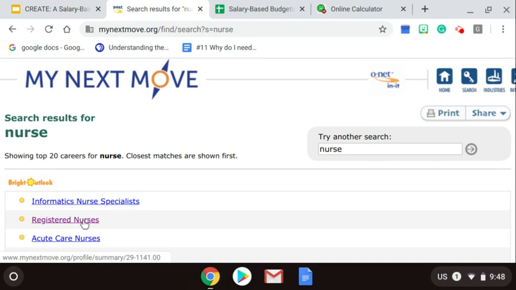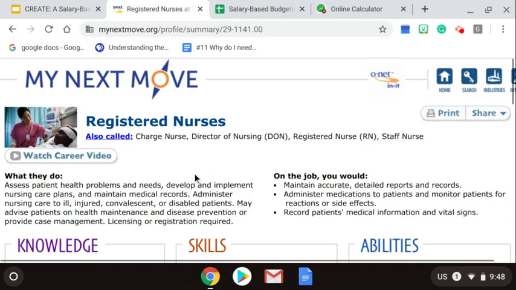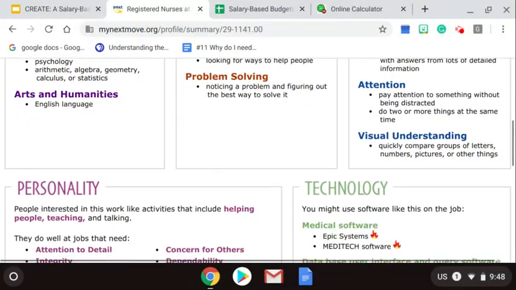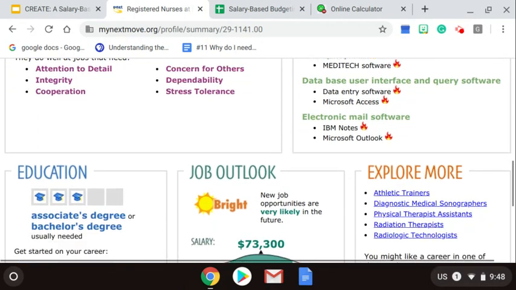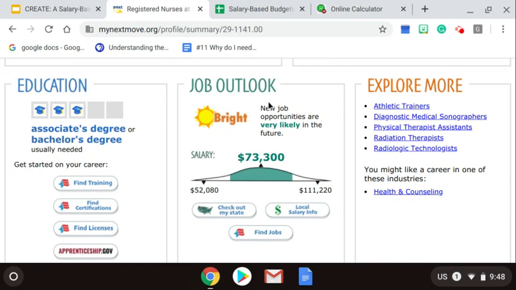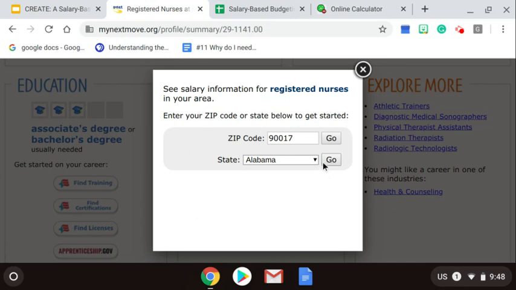They give you all kinds of nurses, so I'm just going to pick registered nurse. The resource gives you the knowledge, skills, abilities, personality, technology skills, and education degree you need. In the job outlook, you can go to local salary information, type in the zip code, and then go.